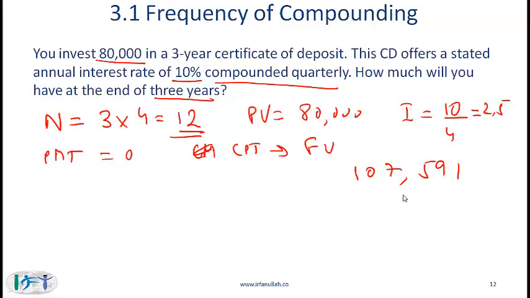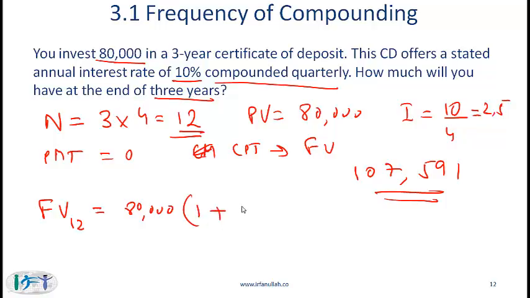You could also solve this problem using the formula, and the way you think of that is as follows. Your future value at the end of 12 periods, remember 3 years means 12 periods in this example, is equal to the present value, which is 80,000, times 1 plus the interest rate.